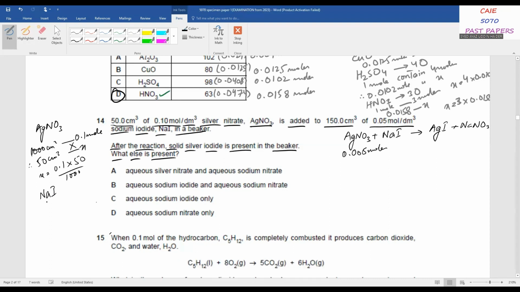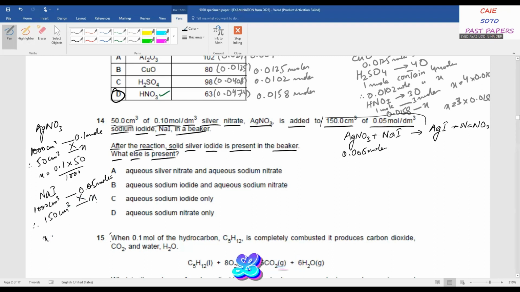Now let's calculate the moles for sodium iodide, NaI. According to the information, 150 cm³ of 0.05 mol/dm³ sodium iodide is reacted. So I will write 1000 cm³ contains 0.05 moles. Therefore, 150 cm³ contains x moles.